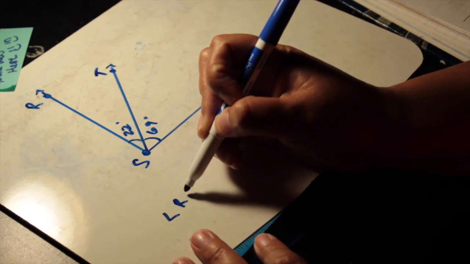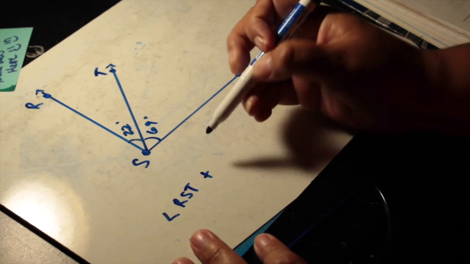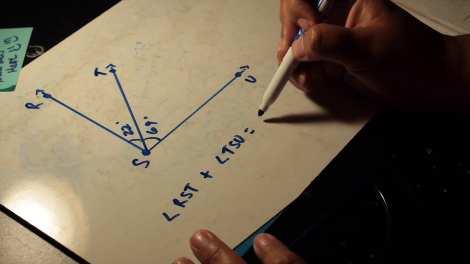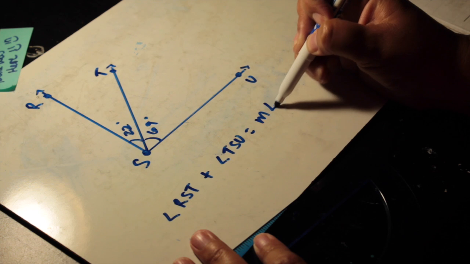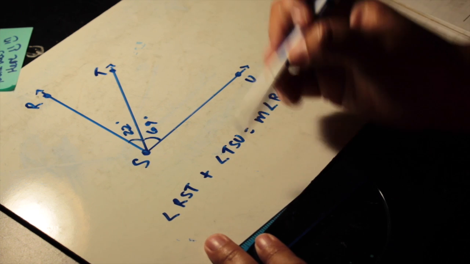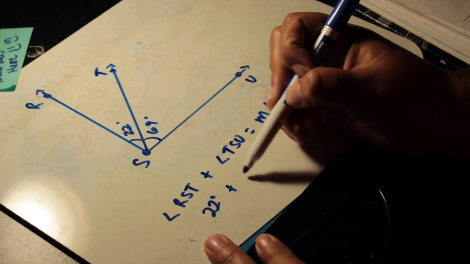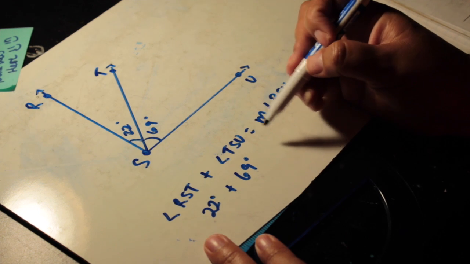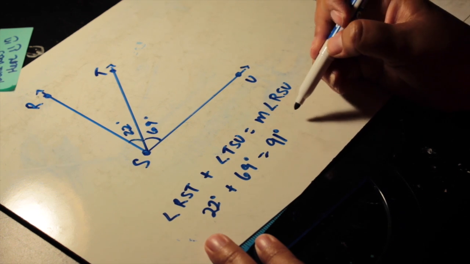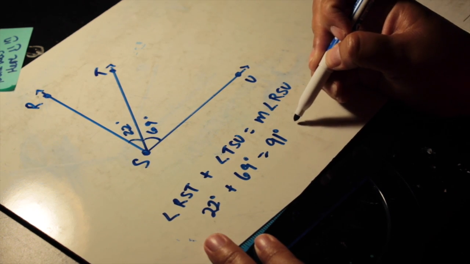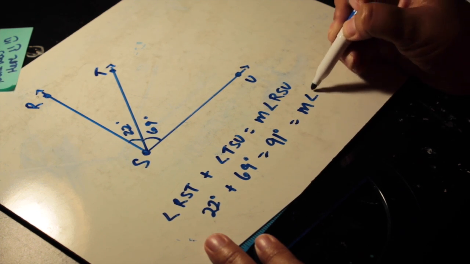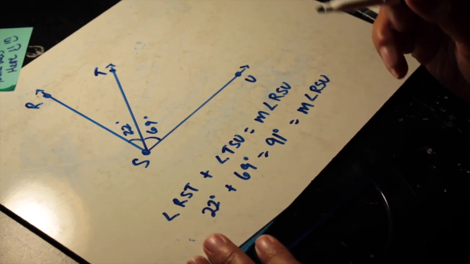Measure RST plus measure TSU is equal to measure RSU. Just plug in the numbers now. So it's 22 degrees plus 69 degrees equals 91 degrees. So RSU equals 91 degrees. Okay, and what kind of angle is it?